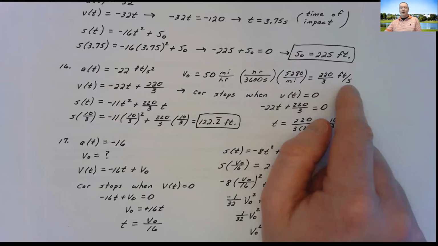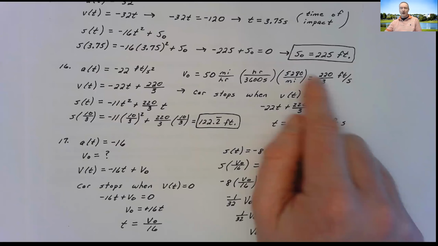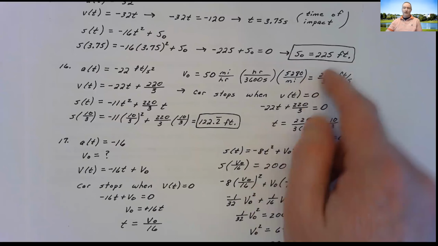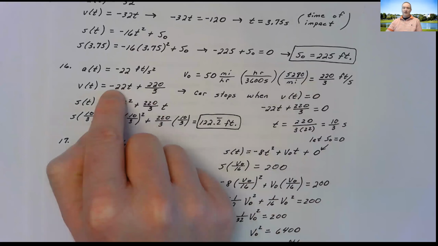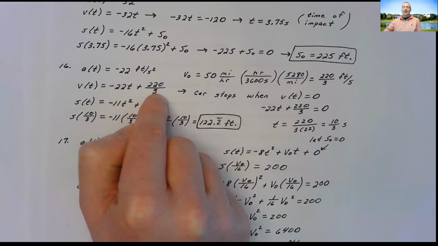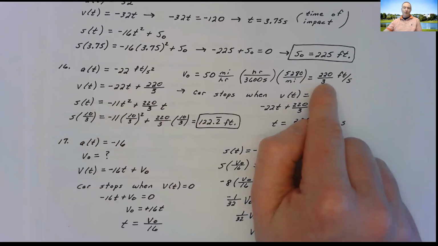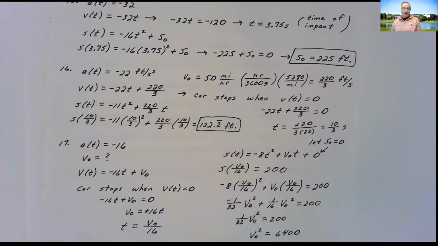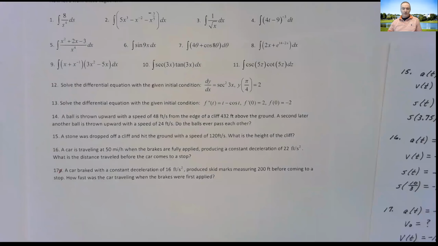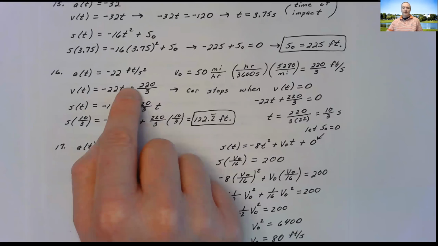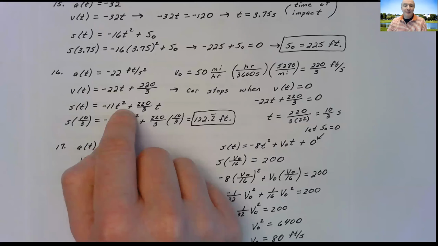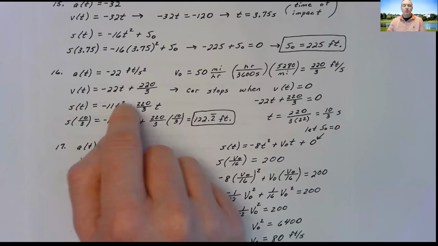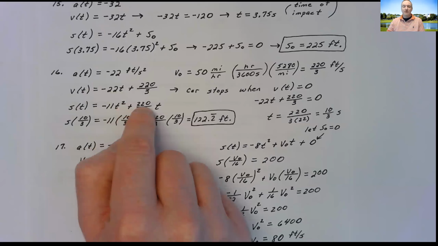Now I can say, all right, if that's my original velocity, then that goes into my velocity function. The integral of acceleration is negative 22t to the first plus the original velocity in terms of feet per second. Okay, now the position function, it's asking how long is the car going to go before it comes to a stop. So I need a position function. Position is going to be the integral of velocity, negative 11t squared plus 220 over 3 t to the first.